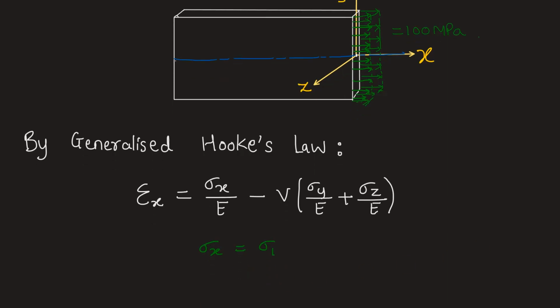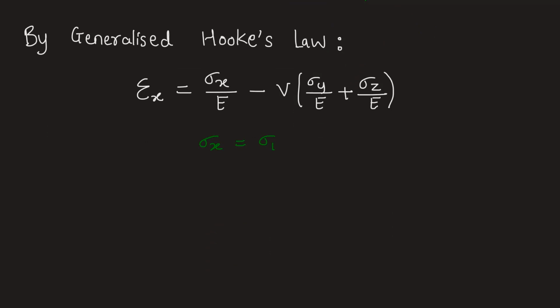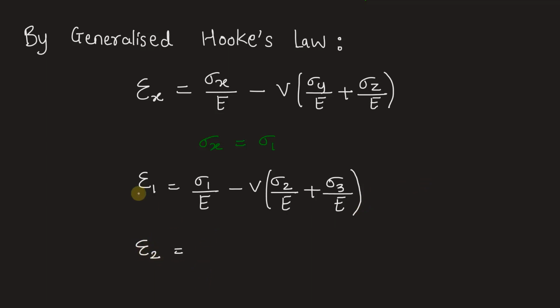So in accordance with that, if we write the equation for principal strain in the metal sheet, we have epsilon 1 is equal to sigma 1 by E minus V into the other two principal stresses, sigma 2 by E plus sigma 3 by E. Epsilon 2, in the direction perpendicular to epsilon 1, is sigma 2 by E minus V into sigma 1 by E plus sigma 3 by E. So when we consider the y direction, the lateral directions are along x and z.